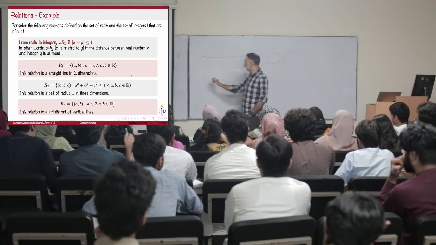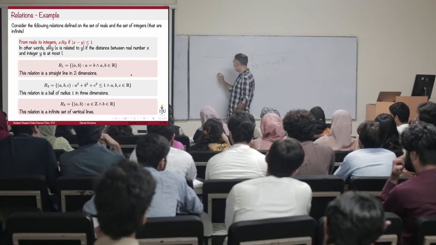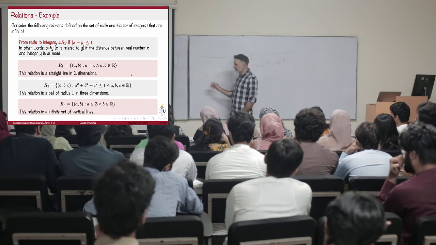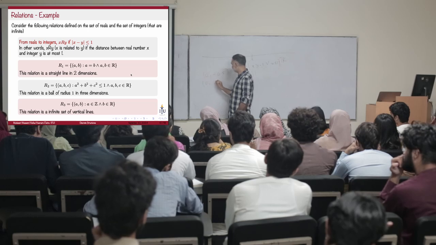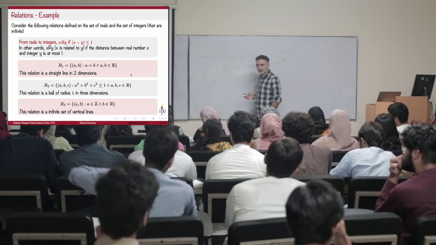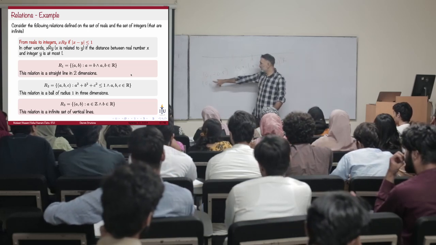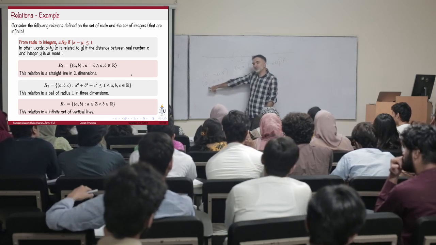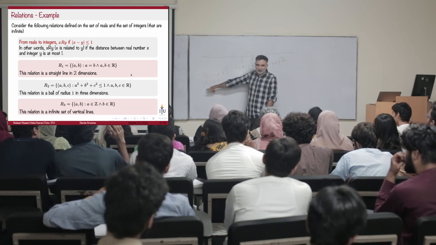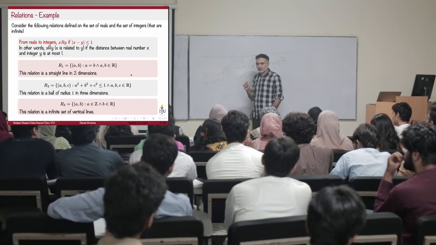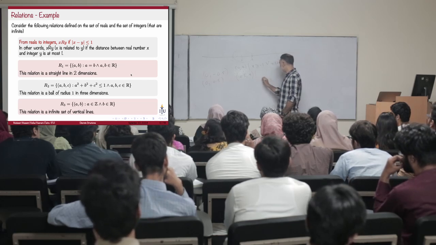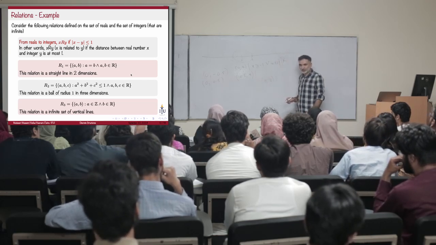So 0 and -0.5 is a valid pair, and 0 and 0.5 is also a valid pair. Right? The absolute difference of both of these is less than or equal to 1. But can we take 2 or 3 as well? No, we can't. So if you pick 0 and 2, this is not a valid pair.